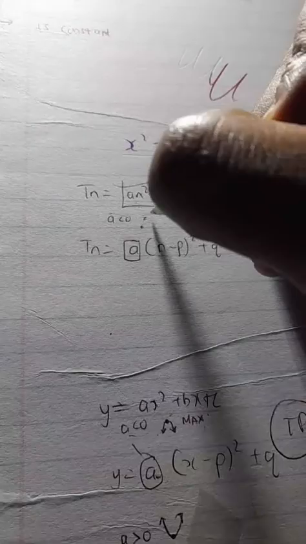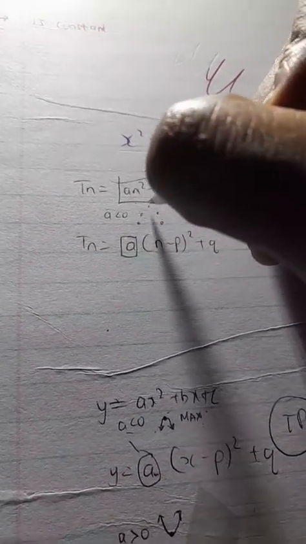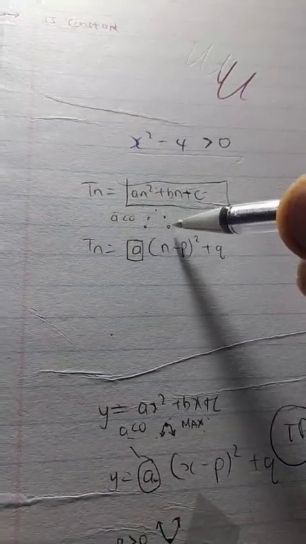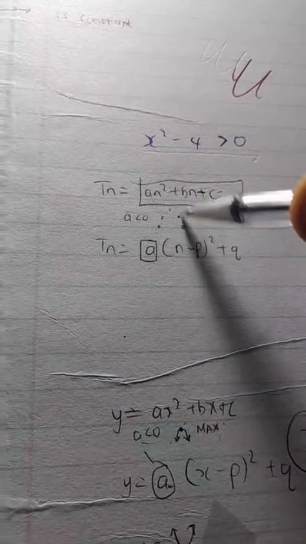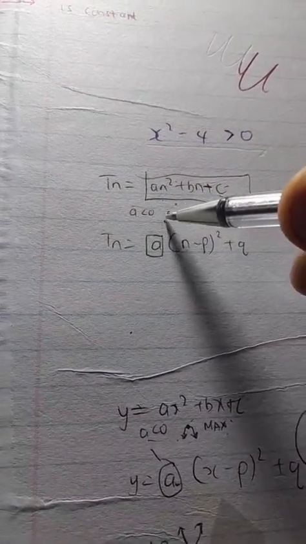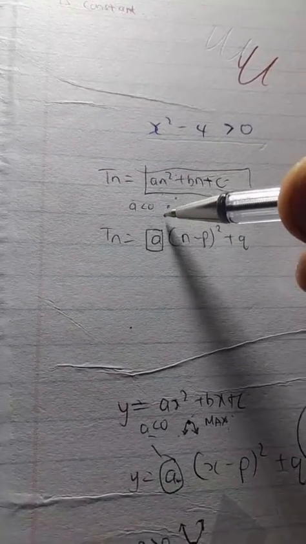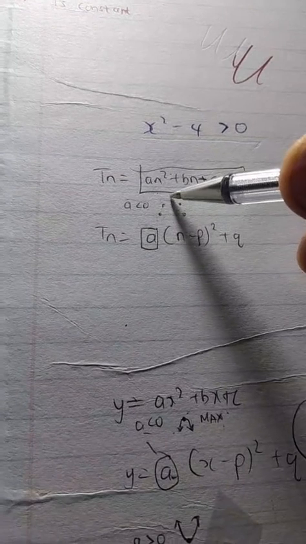If a is less than 0, it would be like having a quadratic pattern. But remember, a quadratic pattern is not continuous. It is discrete. The shape it would form if a is less than 0 would be a concave down shape, a sad face in a sense. We don't connect these dots, because these are values of terms. It goes from the smallest all the way to the biggest value, and then it goes down.